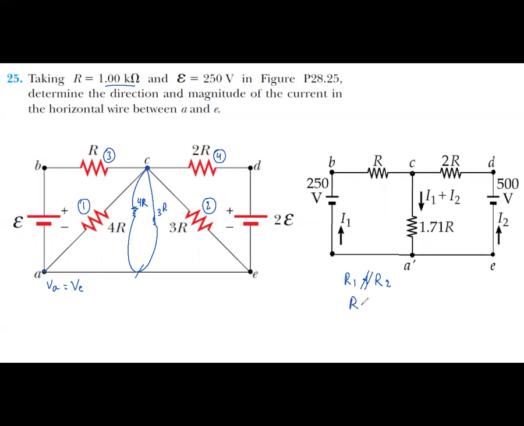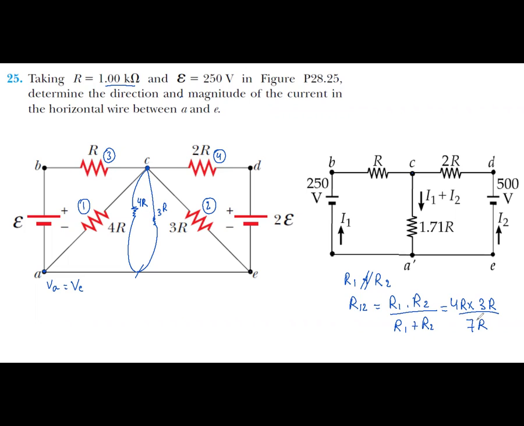So the equivalent R12 equals R1 times R2 divided by R1 plus R2, equals 4R times 3R divided by 7R.